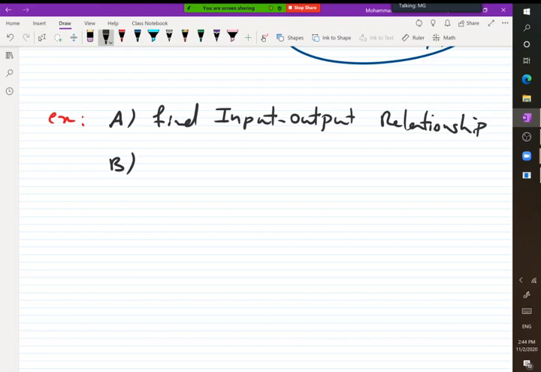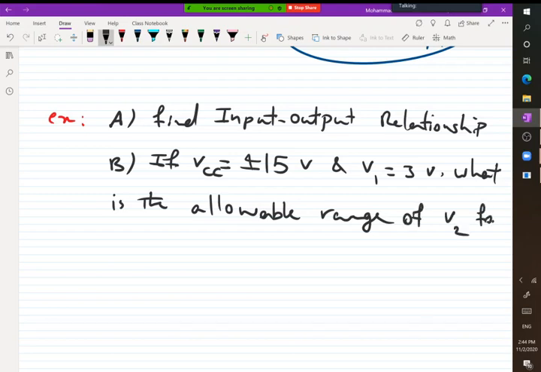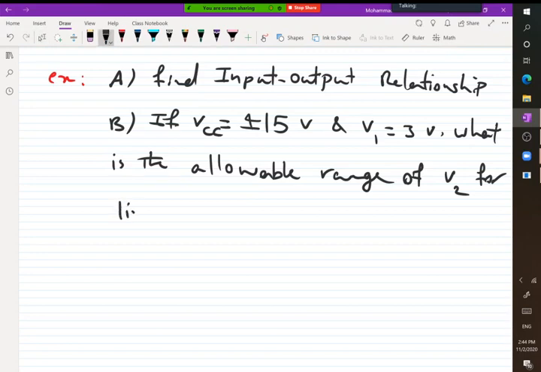Part B, if VCC is equal to plus minus 15 volt and V1 is equal to 3 volt, what is the allowable range of V2 for linear operation of the OpAmp?